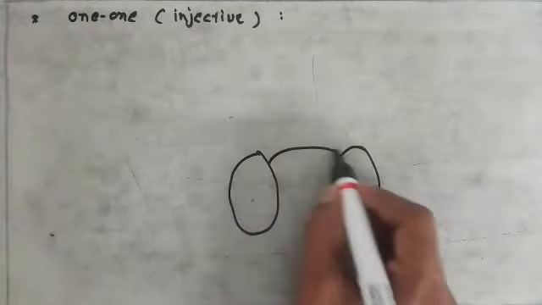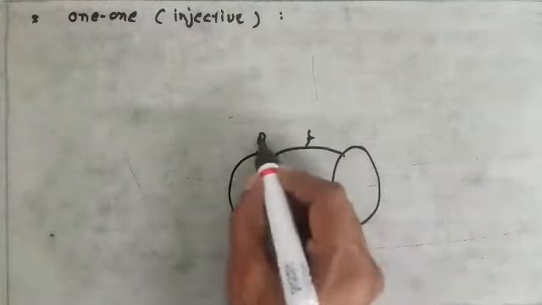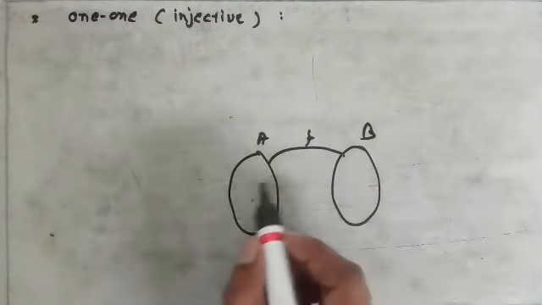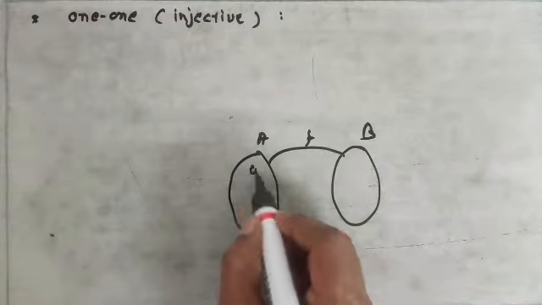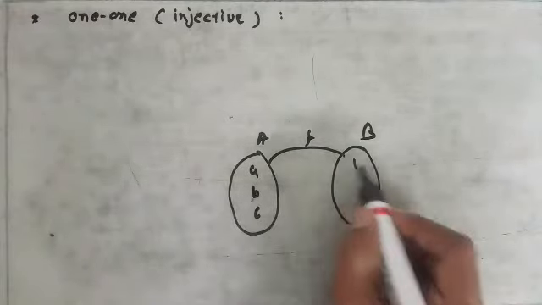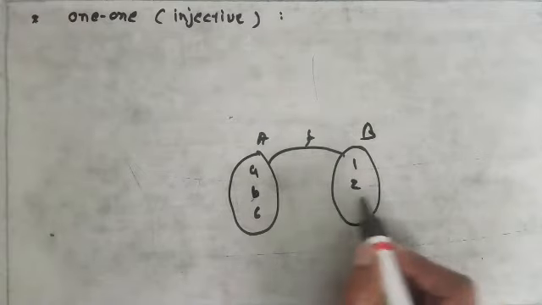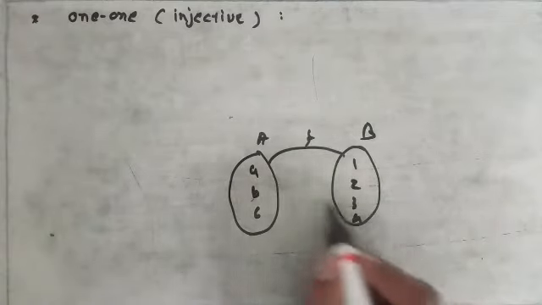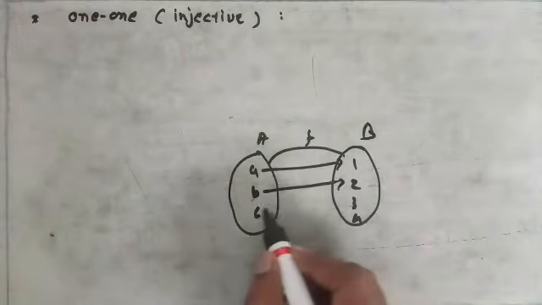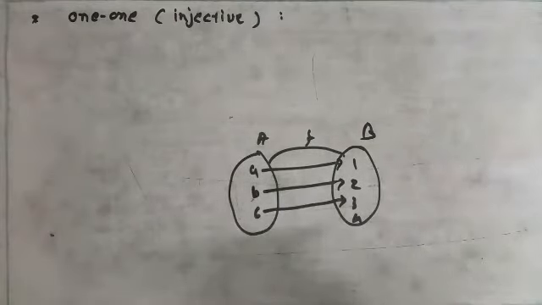If for a function f from A to B, remember this, f associates every element of A with a unique element of B, then this function is said to be a one-one function.